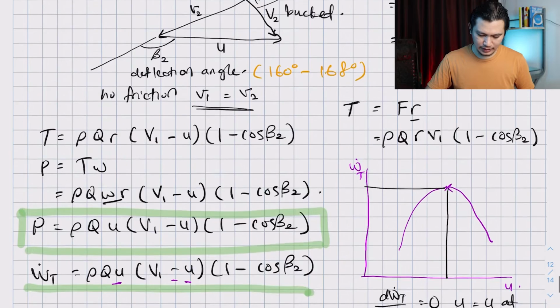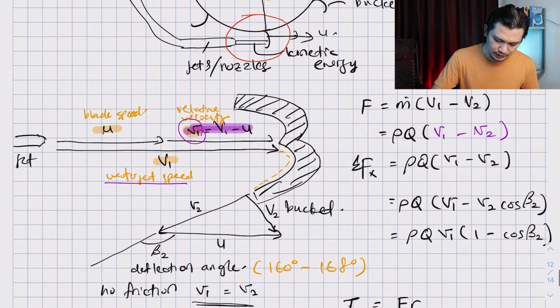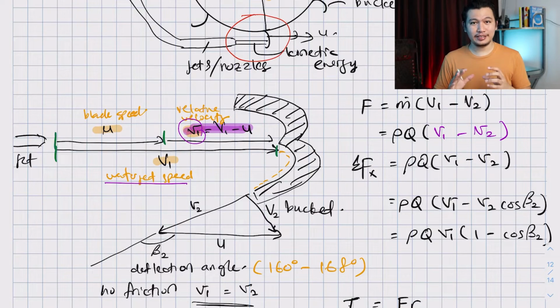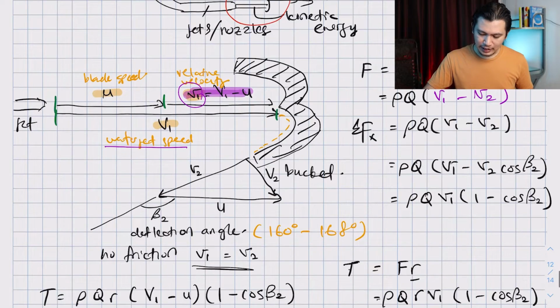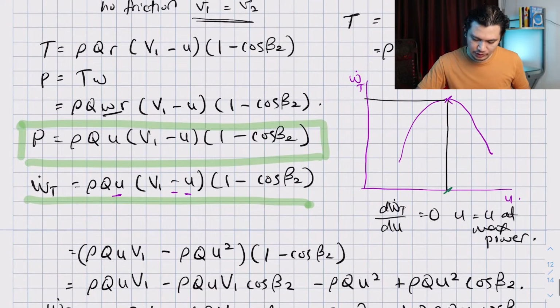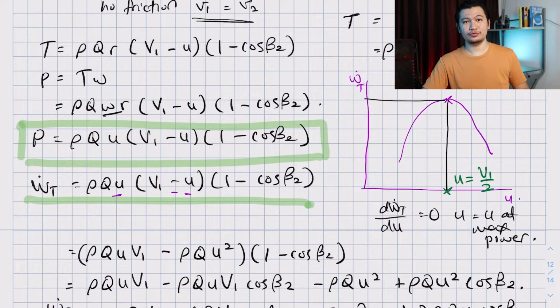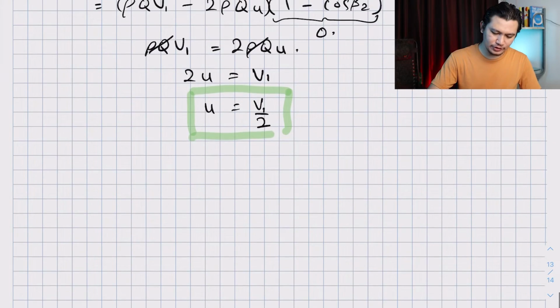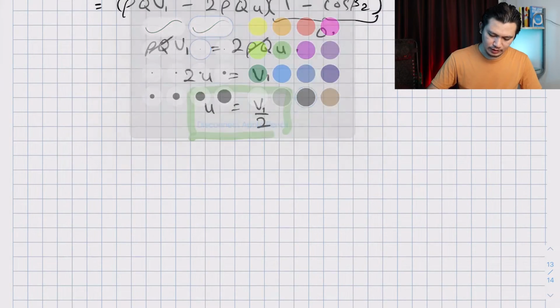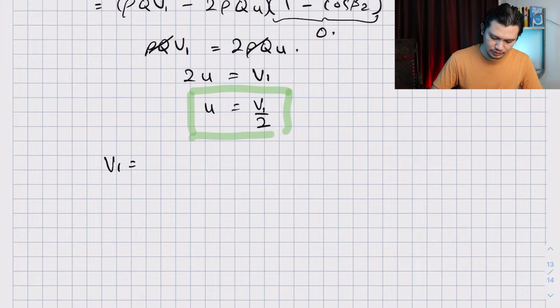So basically in this figure, whenever this U is half of this velocity, you get the maximum power. And now you know that at this point, U is equal to V1 over 2. And how do we find this V1? V1 is found using this equation: V1 equal to CV square root of 2G HT.